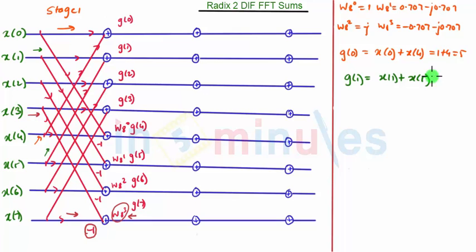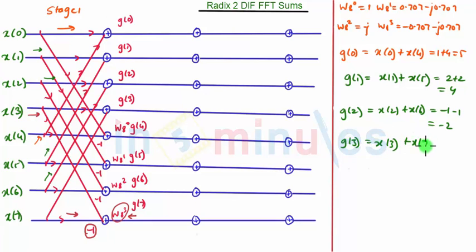So the output will be 2 plus 2, that is 4. For g(2), the input is from x(2) and x(6). So x(2) plus x(6), that is -1 plus -1, comes out to be -2. g(3) is x(3) plus x(7). So it comes out to be 2 plus 2, that is 4.